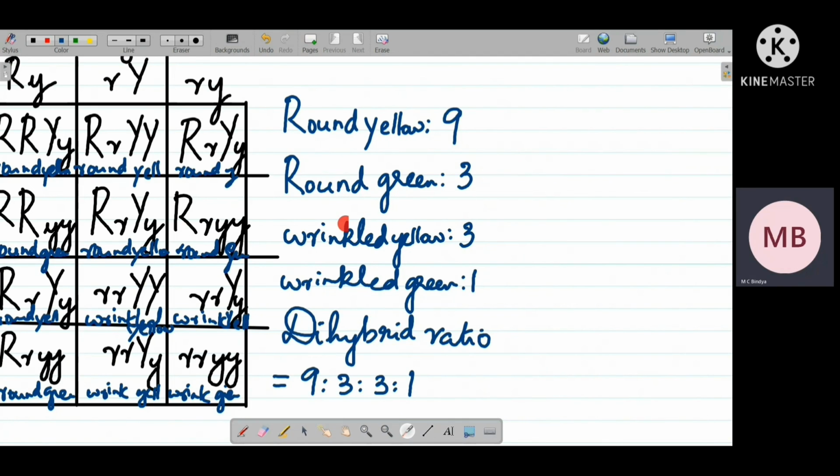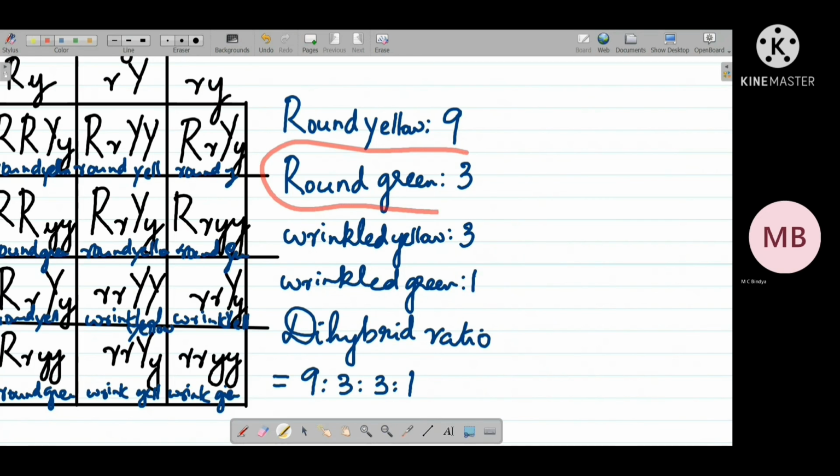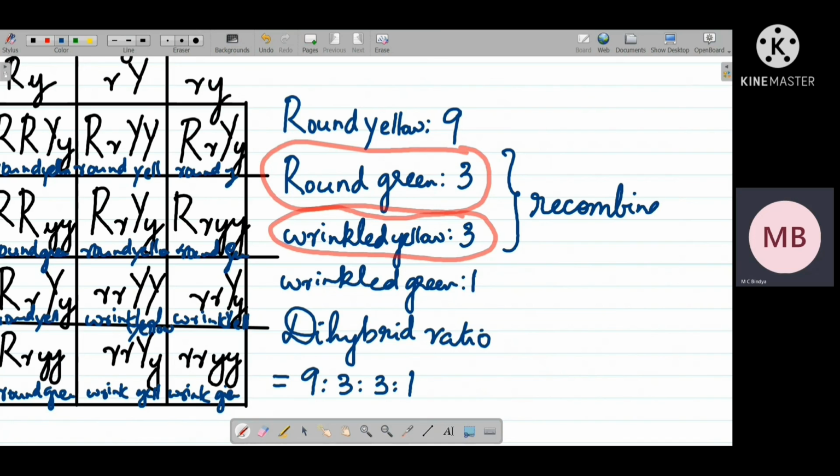One is round green, and then we get the wrinkled yellow. These both are new combinations, which we can call them as recombinants.